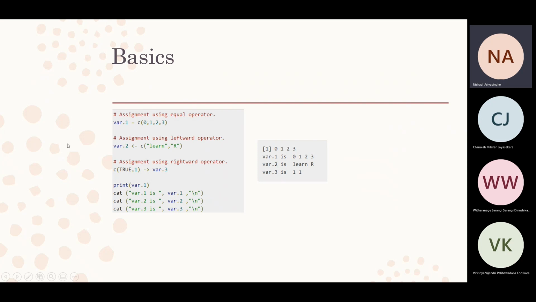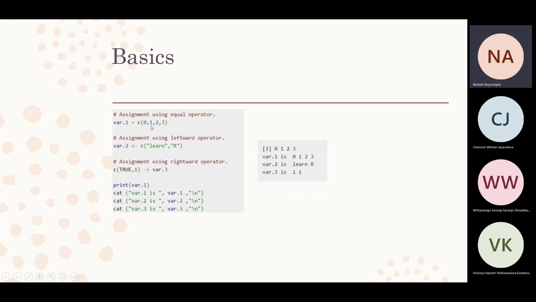In other programming languages, we have to define a data type, sometimes even a size of the variable or an array. But here in R, we can simply write the variable name and assign the values. When we are assigning values, the size and the data type of the variable will be instantiated, right?